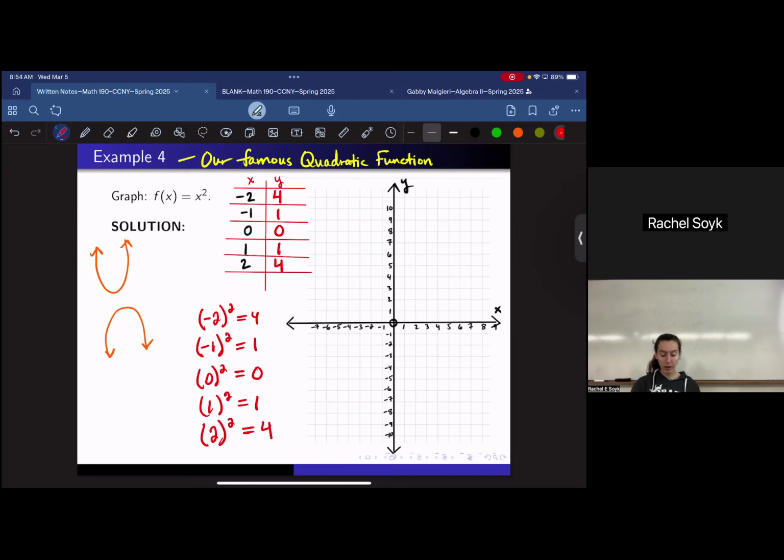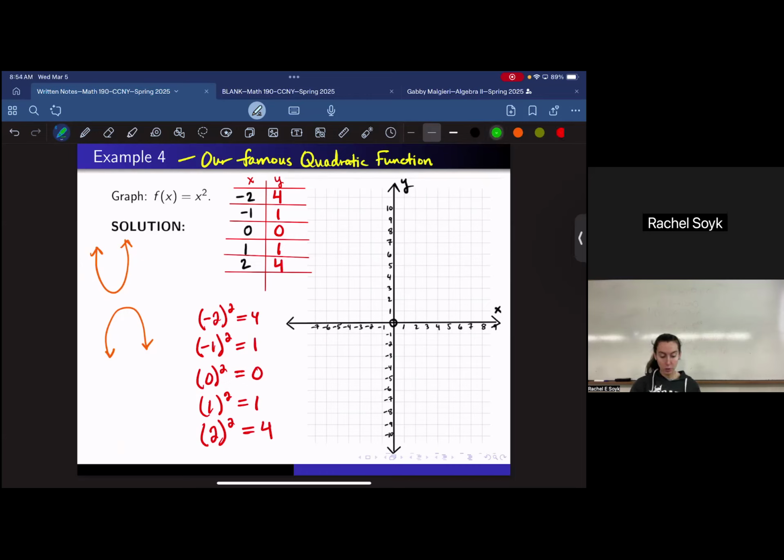So now we're going to go ahead and plot these points. We have -2, comma, +4. We have -1, comma, +1. We have 0, comma, 0. We have 1, comma, 1. And we have 2, comma, 4.